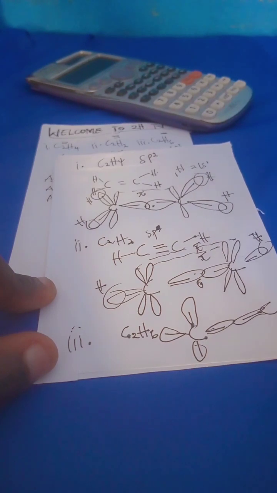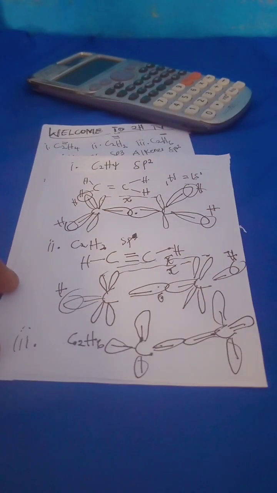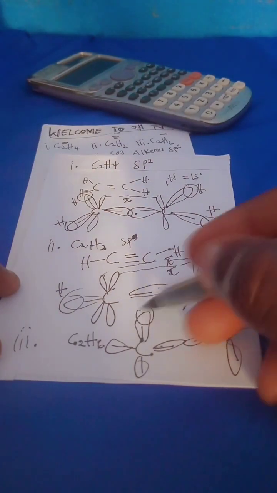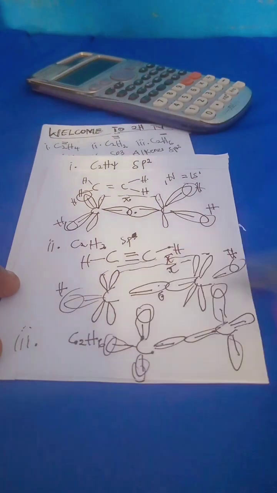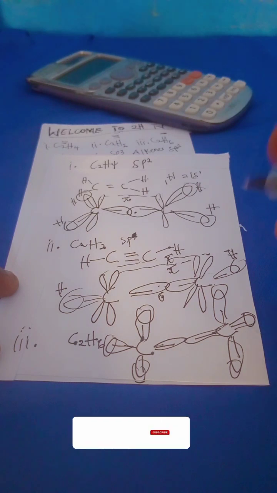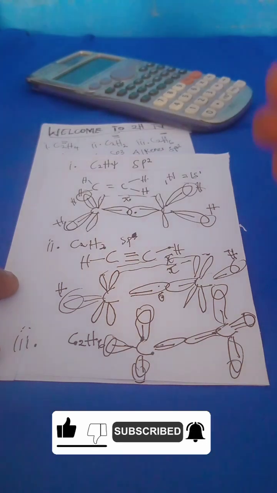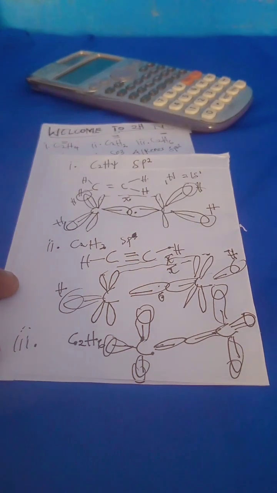The carbon shares 1, 2, 3 with hydrogen, which is spherical. So this is sp3 in alkanes. This is how you illustrate your hybridization.